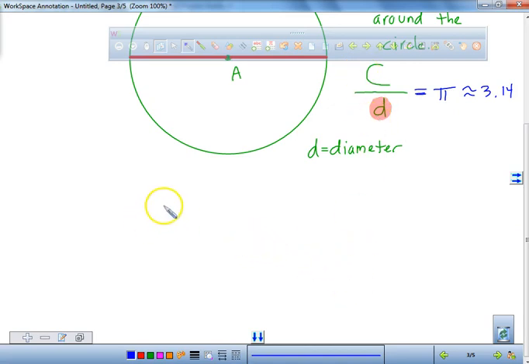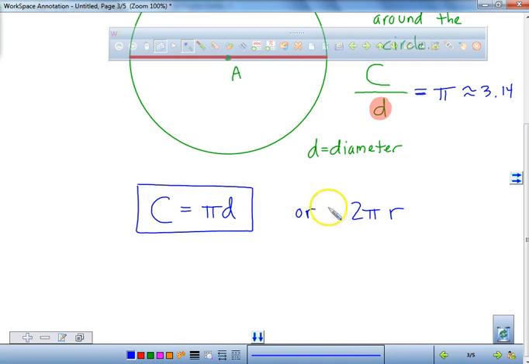Now, other formulas you need to know. Circumference by itself is either equal to pi times the diameter, or you could say it's equal to 2 times pi times the radius. Now, you need this formula. You need this formula. They get you the same result. Okay?